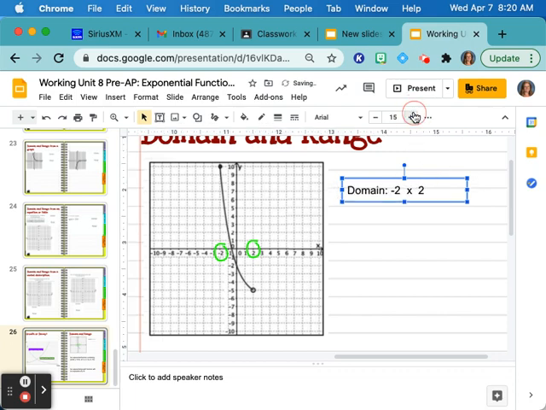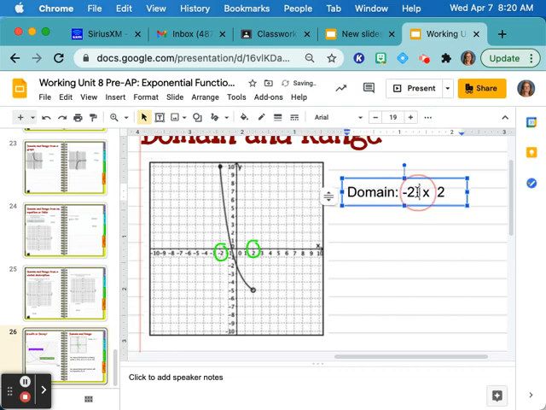Do you remember doing this? So then we just need to put our inequality signs. So they're both less than, but one of them, if it's a closed circle, it's going to be less than or equal to. Okay. Less than or equal to.